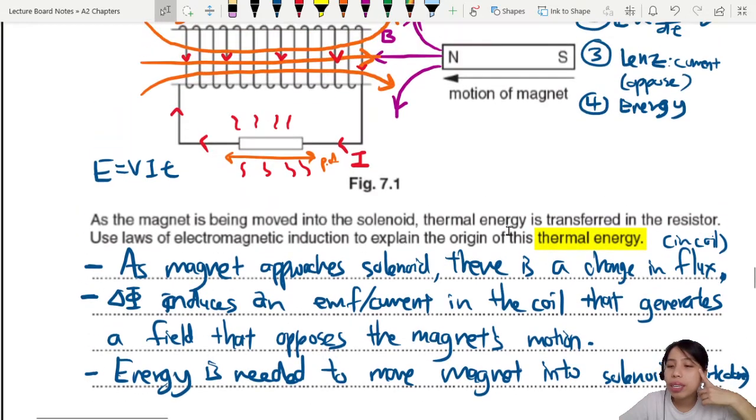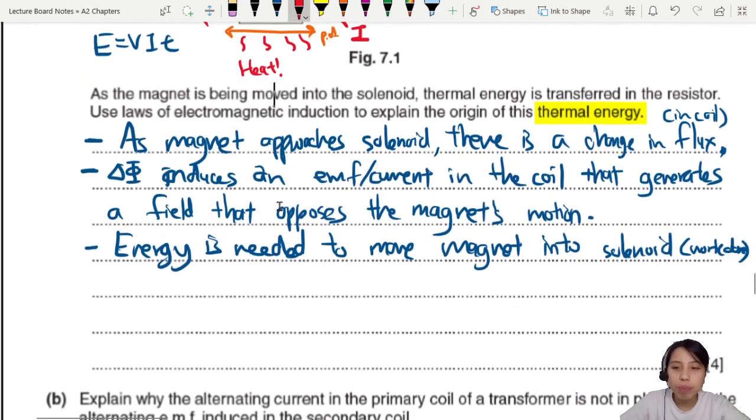Okay, well, what do we have to answer? So we talk about energy is needed. The energy from you pushing the magnet in is converted into electrical energy and converted into heat energy. So electrical energy is the E equals VIt, but also heat. Thermal energy. So the conversion goes from mechanical, electrical, to heat dissipated by the resistor. So let's write the last part. Almost there, almost there.